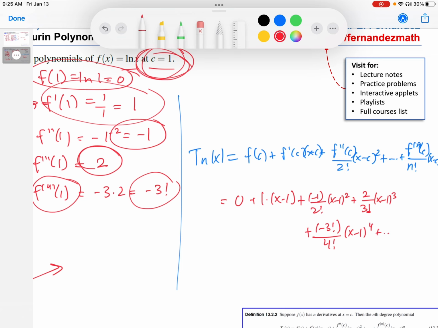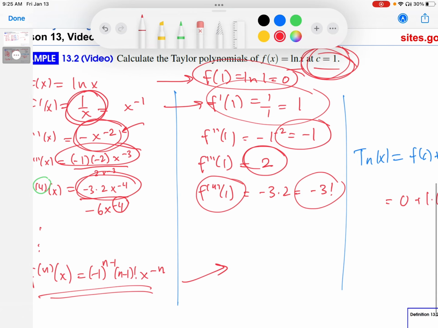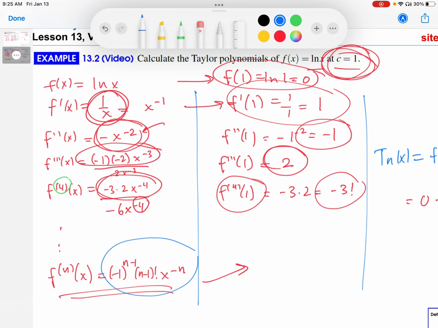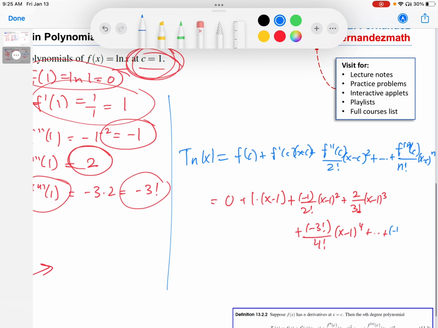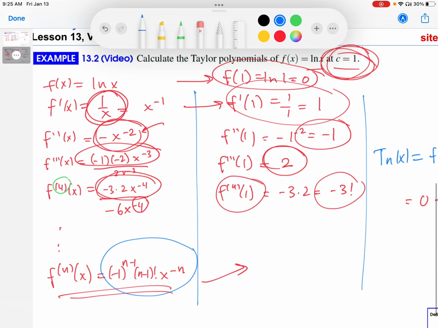And then it keeps going until it gets to our nth derivative term. Here it is, right? So -1 to the n minus 1 times n minus 1 factorial. And this is the nth derivative evaluated at x, right? If we now substitute in x equals 1, then this part goes away, and we're just left with this term.